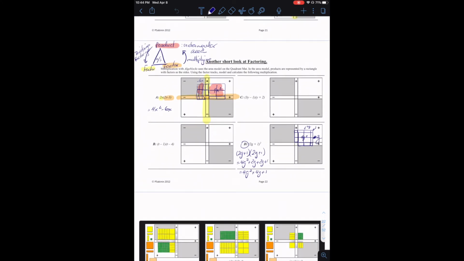Now, let's take a look at what actually happens when we multiply out two linear binomials, so y minus 2 or 3y minus 2 or 5y plus 7 times another one of those terms, and see if we can find a particular pattern.